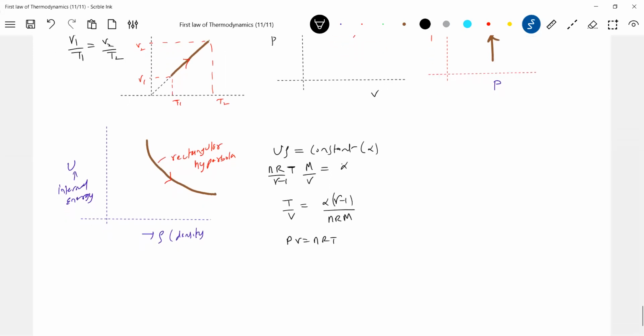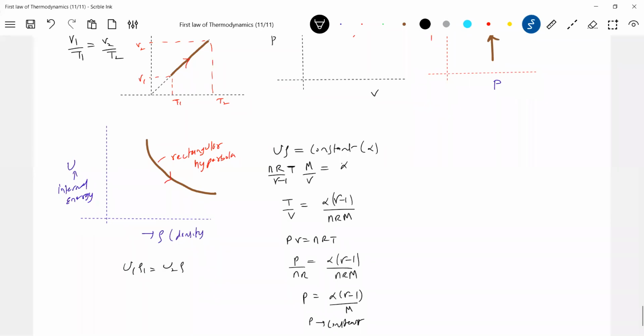PV equal to nRT. So in place of T by V, what can we write? P by nR. Finally, what did I end up with? So look at pressure, alpha, gamma, m. So therefore pressure is a constant. So in the internal energy versus density graph, a rectangular hyperbola will be what? Isobaric process.